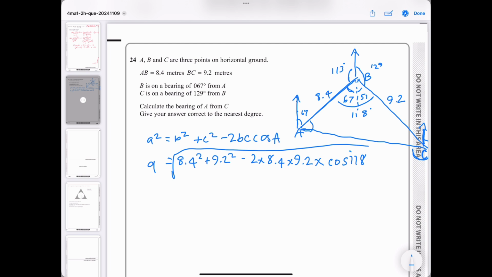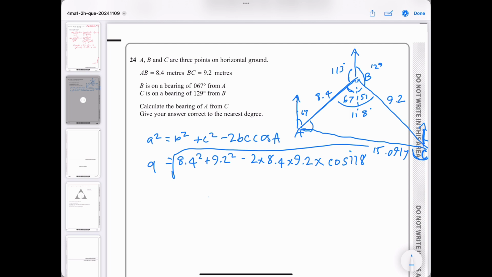It's bound to go horribly wrong. 8.4 squared plus 9.2 squared minus 2 times 8.4 times 9.2 times cos 118. Close that bracket and hope this works. Okay, so this distance here is 15.0917.